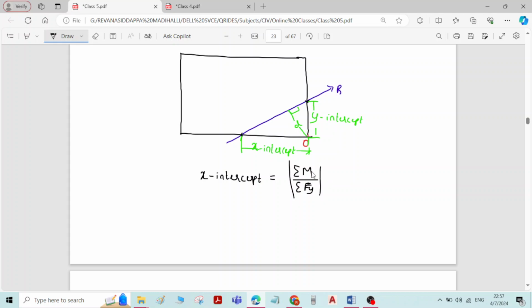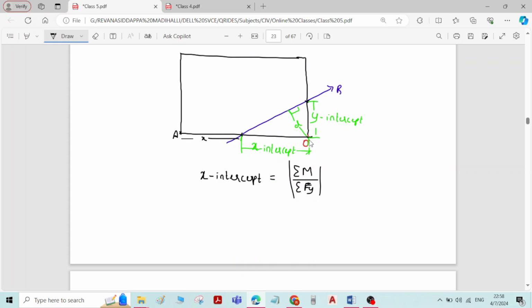What is sigma M? Sigma M is the sum of moments of all the forces about the reference point, point O. For example, if you are finding the position of the resultant force with respect to another point A, you have to find the moment about A, divided by sigma Fy, which will give the x-intercept. This length. So x-intercept is equal to sigma M by sigma Fy, where sigma M is the moment about the reference point.